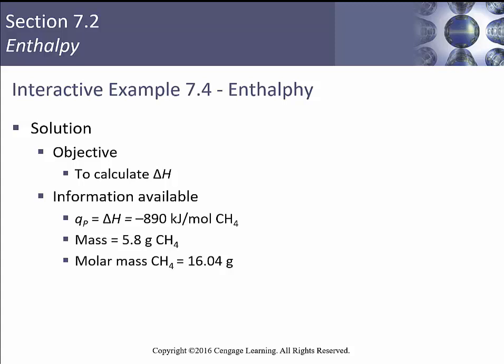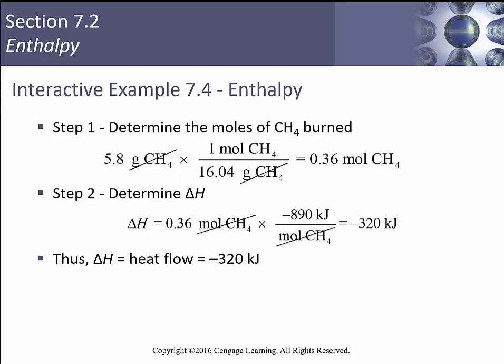So our information available is our Q, or our delta H, is minus 890 kilojoules per mole of CH4. We've got a mass of CH4, and we've got a molar mass of our CH4. So to determine the number of moles that we actually burned, we're going to take our 5.8 grams, divide by the molar mass, and we'll get 0.36 moles of CH4.